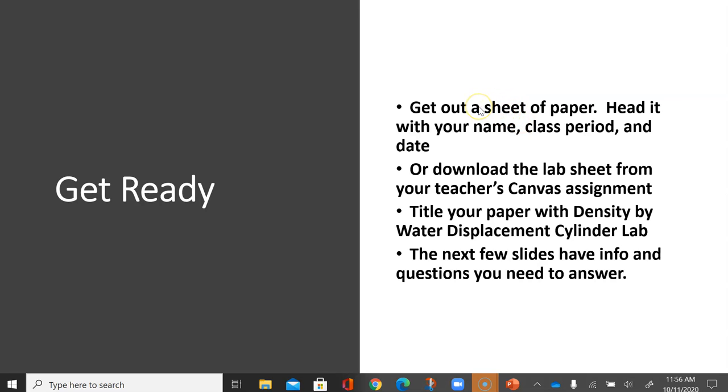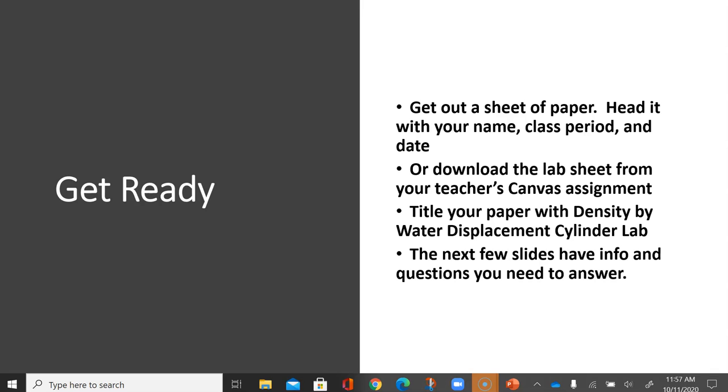So, it depends on your situation here. Full-time virtual, maybe you have a printer, maybe you don't. If you don't have a printer, you've got a couple of options. You can either get out a sheet of paper and head it with your name, class, period, and date, or you can download the lab sheet onto your iPad and fill it out with your finger, or maybe you're lucky enough to have an Apple Pen, and do the lab that way.